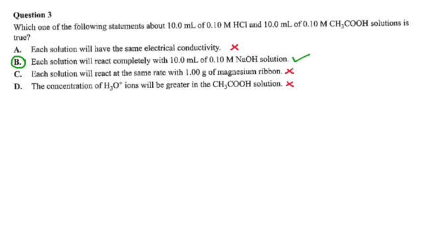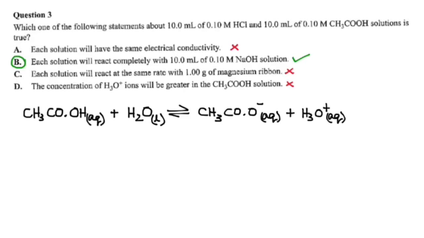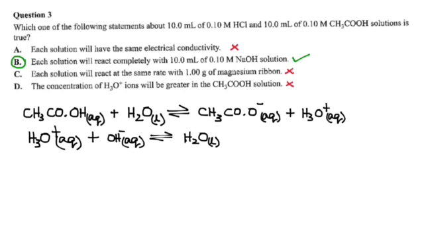Now guys, why is B correct? Well, B is correct for the following reason. You get this reaction happening with the ethanoic acid, and this is the dissociation reaction here, and you've also got the equilibrium reaction for water happening here, such that this plus this gives this, and it's an equilibrium reaction, and at 25 degrees Celsius the concentration of this beastie times the concentration of that beastie has to be exactly 10 to the minus 14.